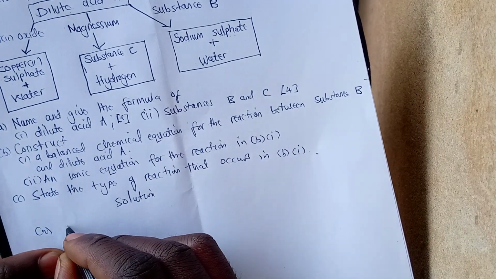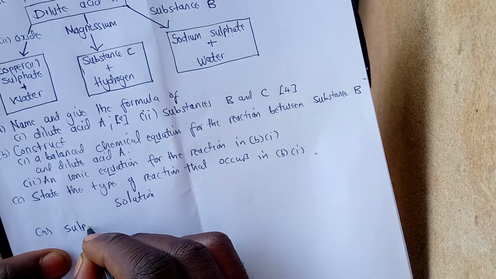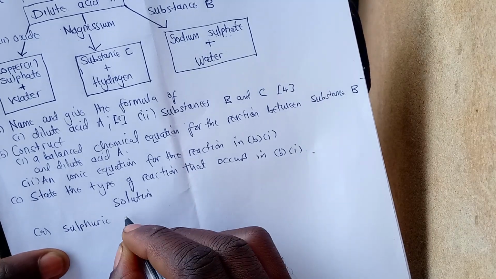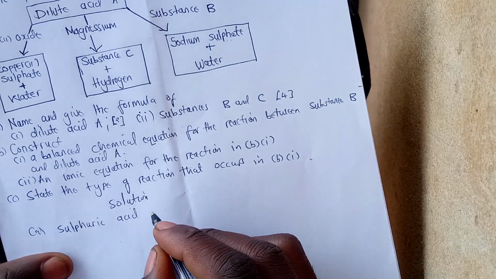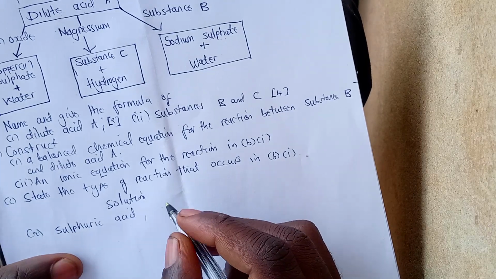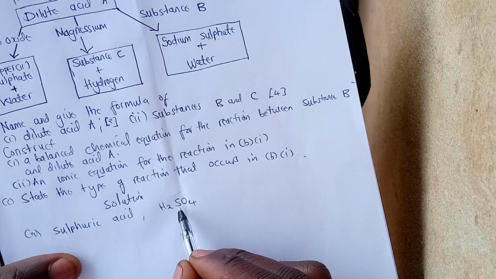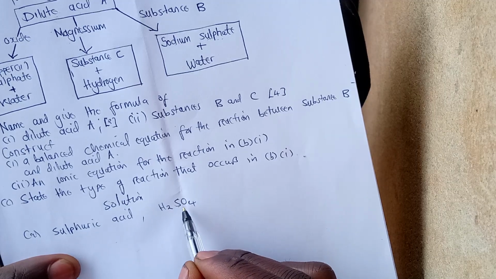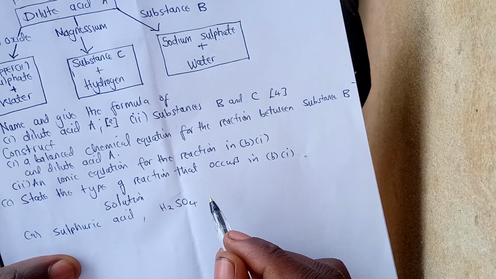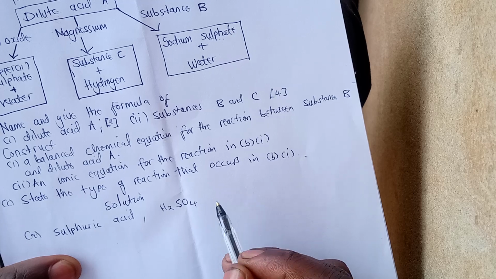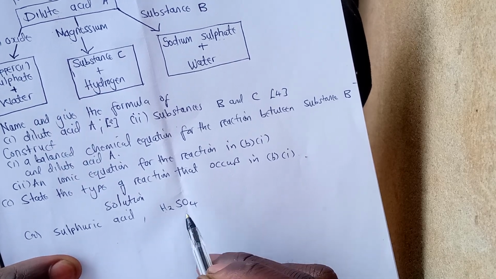The name is sulfuric acid. Then the formula is H2SO4. SO4 alone is sulfate, and every acid contains hydrogen, to make it sulfuric acid.